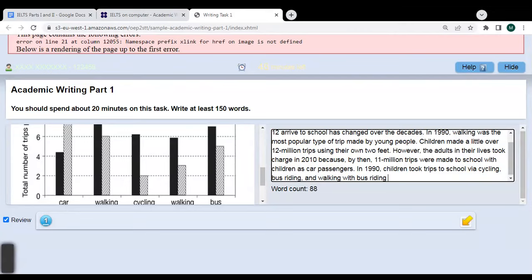In 1990, children took around the same number of trips to school via cycling, bus riding, and walking.